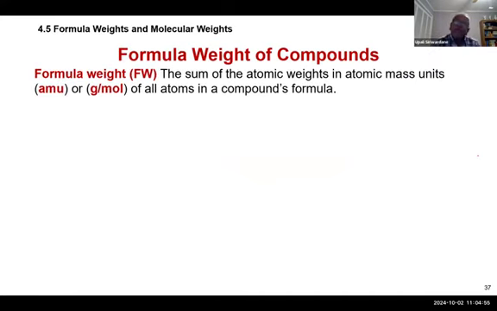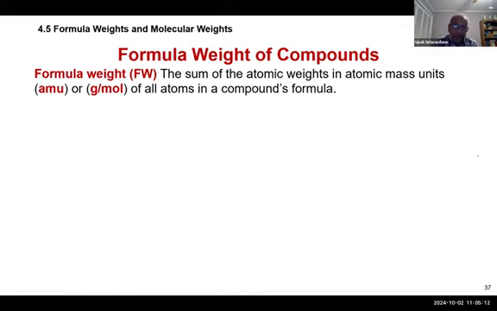If you look at the formula weight of a compound, how do you get the formula weight? You add up atomic weights in the periodic table, which is given in AMU or grams per mole.